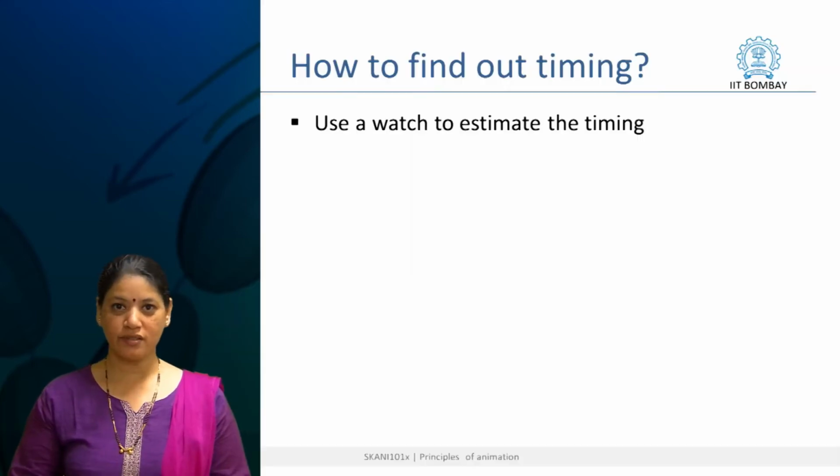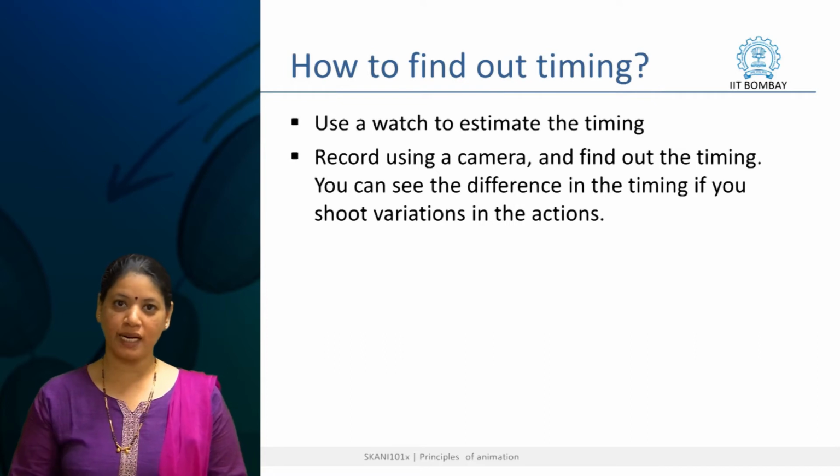Now let's see how to find out this timing. You can just observe the action and use a wristwatch to find the timing, or you can shoot a video and see how much time it takes.